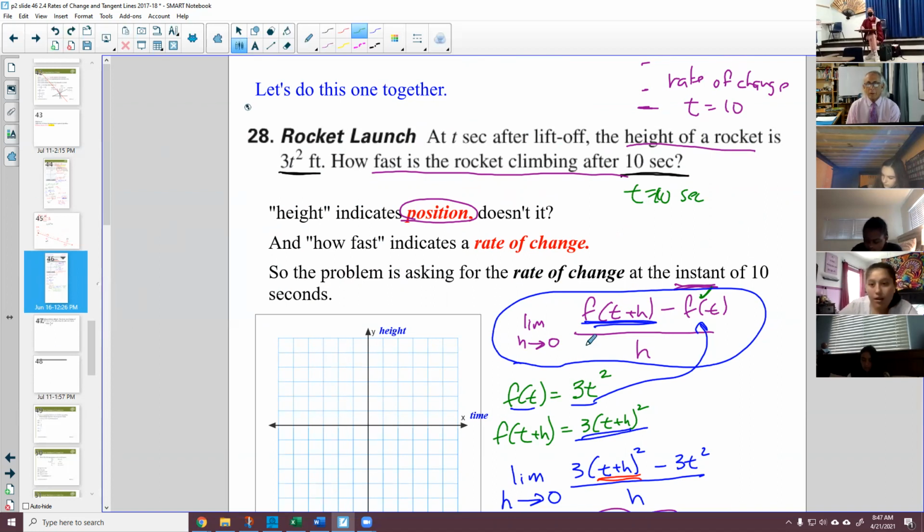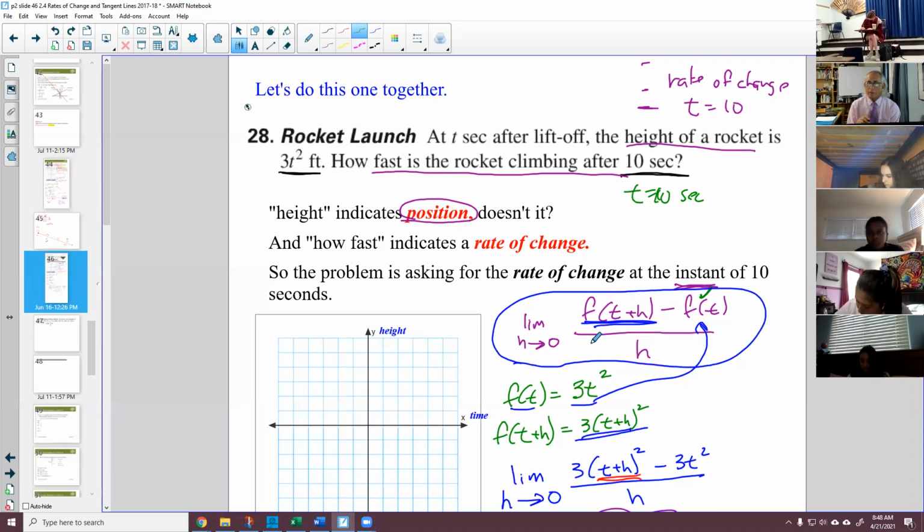Okay, so read the problem out loud. At t seconds after liftoff, the height of the rocket is 3t squared feet. Stop right there. Now, at 10 seconds, how do I figure out how high the rocket is off the ground?